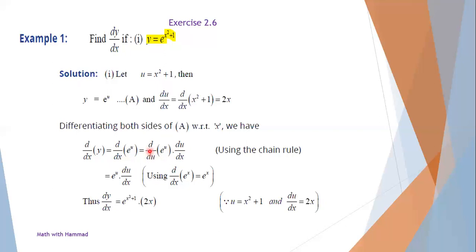The derivative d by du of e raised to power u is e raised to power u, and the derivative of the power u is du by dx. The value of du by dx is 2x. So du by dx is replaced by 2x, and u is replaced by x square plus 1. So the final answer, the derivative of e raised to power x square plus 1, is e raised to power x square plus 1 into 2x.